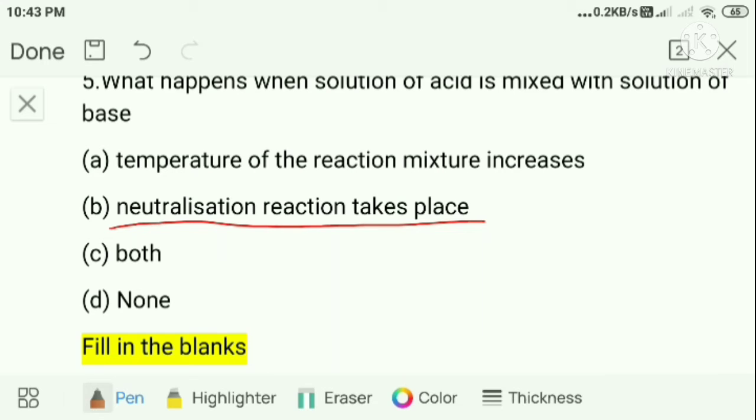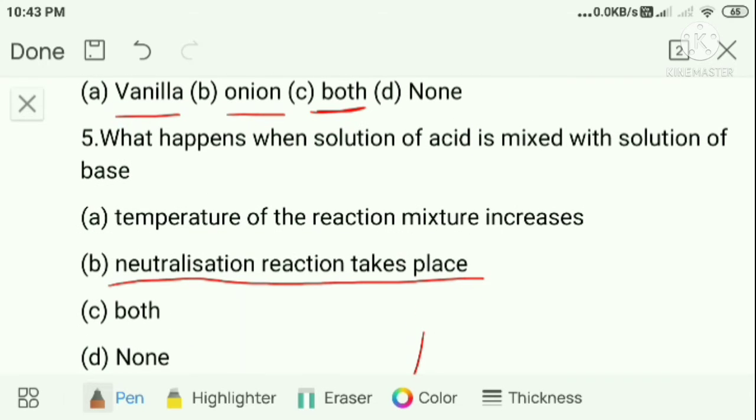And one more term is also there, endothermic chemical reactions. Endothermic chemical reactions means what? The chemical reactions which require some amount of heat to occur are known as endothermic chemical reactions. But here the neutralization reaction is an exothermic chemical reaction, meaning some amount of heat is released.